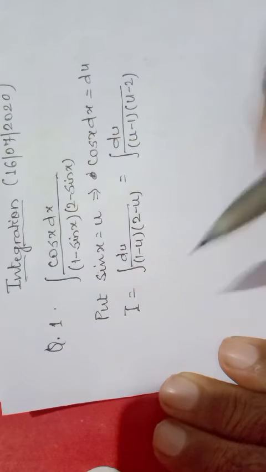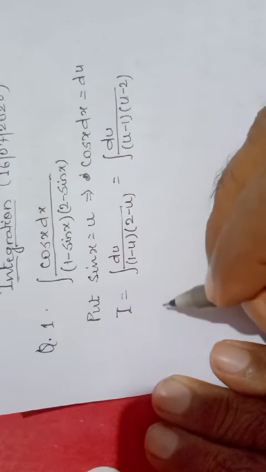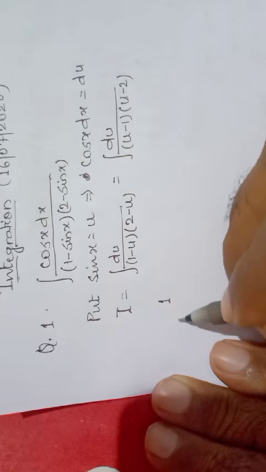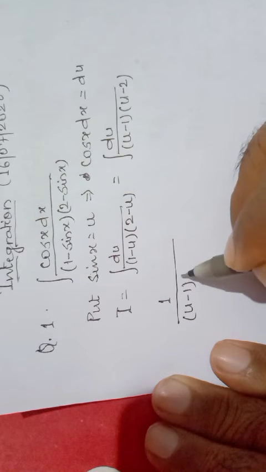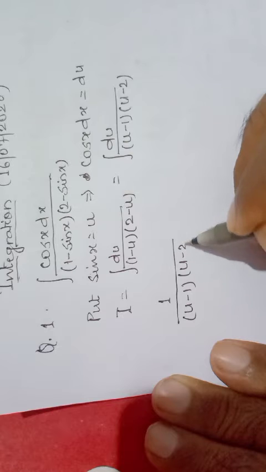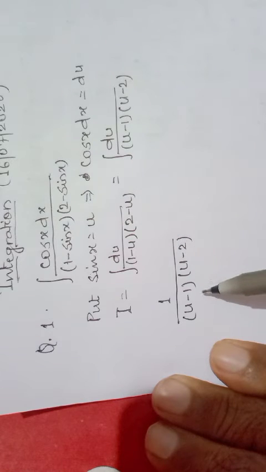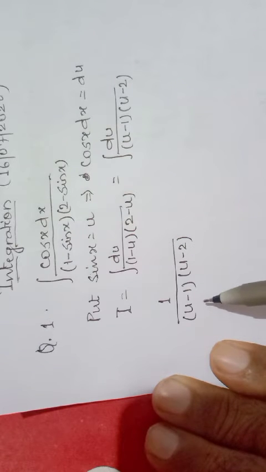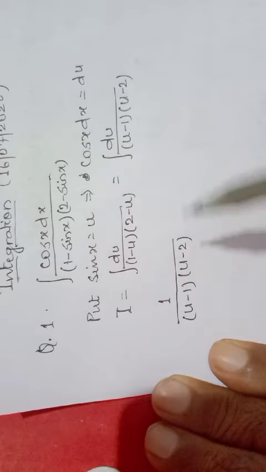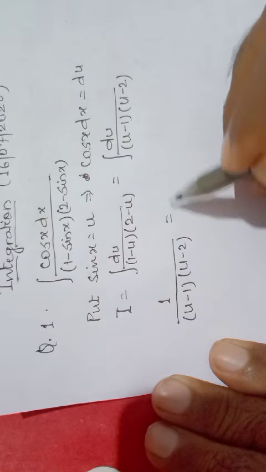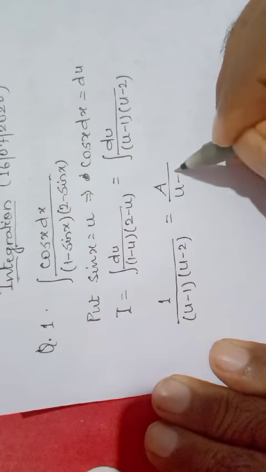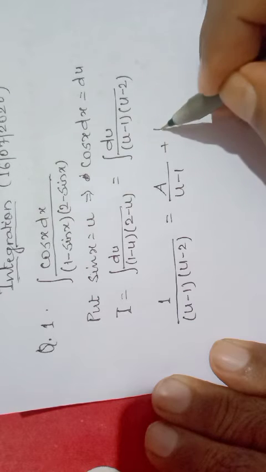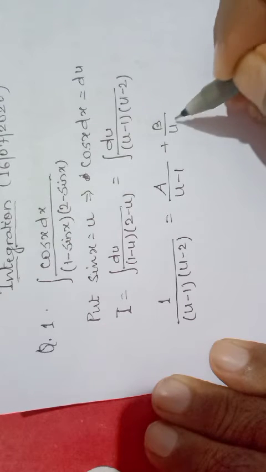So now our function is 1 upon (u minus 1) into (u minus 2). See, both are linear functions because the power of the variable is 1. So for linear we write it as A upon (u minus 1) plus B upon (u minus 2).